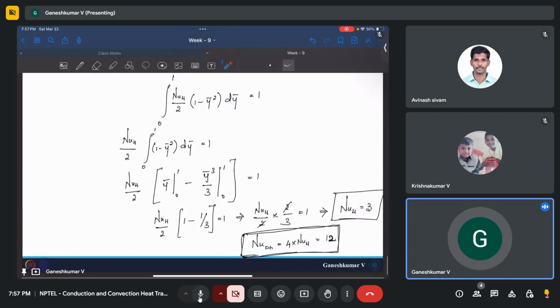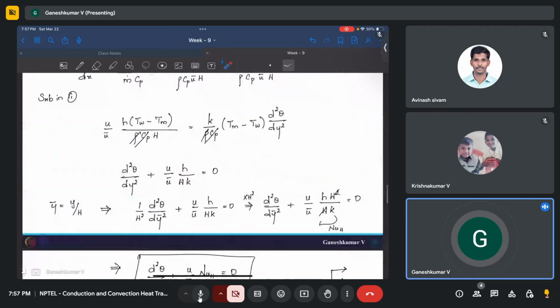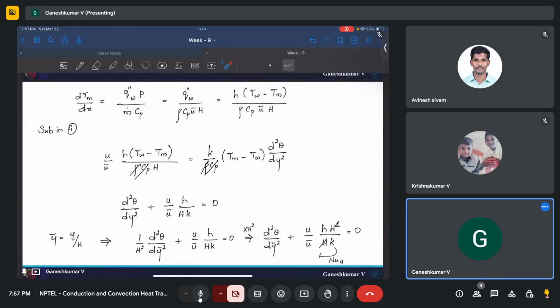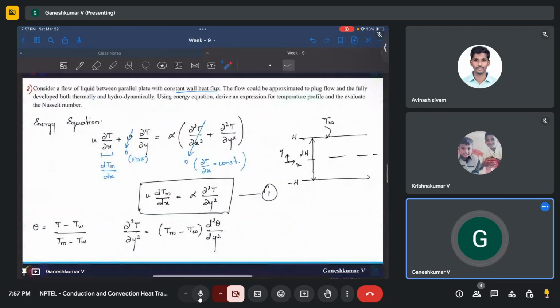So this is how you perform this calculation. Constant heat flux is fairly easy, and you can derive the analytical solution. However, if it's a constant wall temperature, then we may need to rely on computers and numerical methods in order to solve this problem.